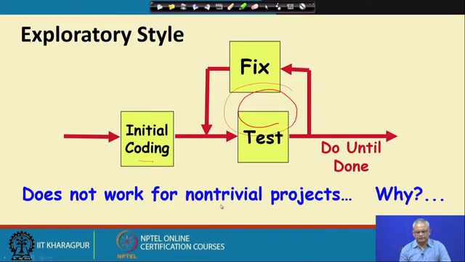But if the project is non-trivial, a large project requiring hundreds of thousands of lines of code, and you do this initial coding, find errors, keep on fixing, this will not work, the project will never complete.